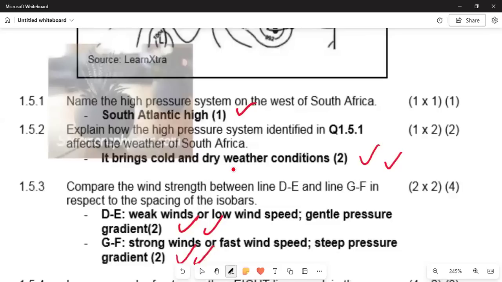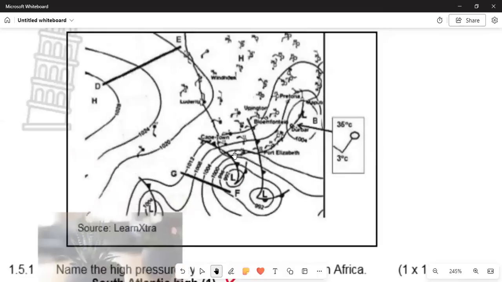In 1.5.3, compare the wind strength between the line D and E and the line G and F in respect to the spacing of the isobars. So we check D and E. The isobars join places of equal pressure. These are the isobars, 3 isobars. Then we must convert it to G and F. There is G, and there is F, and these ones are the isobars in relation to the numbers that are given.